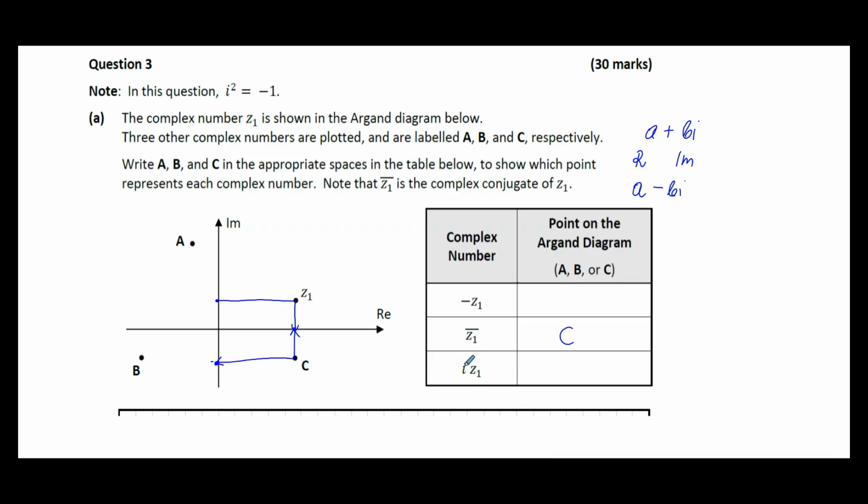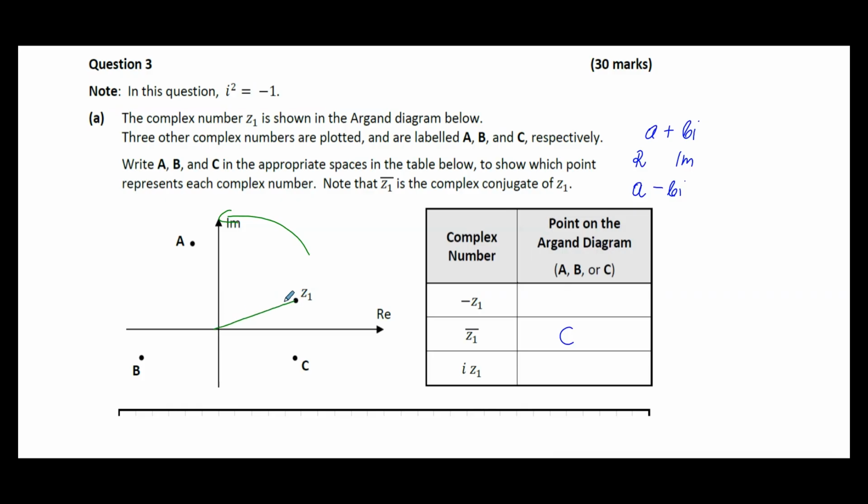When we multiply a complex number by i, what happens is that our number, let's remove that so it doesn't disturb us, rotates anticlockwise, in this direction, by 90 degrees. What do we mean by 90 degrees?